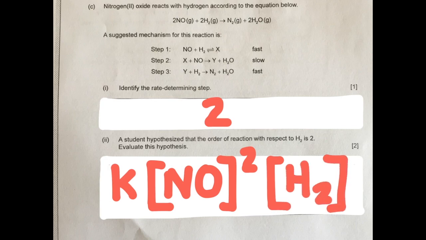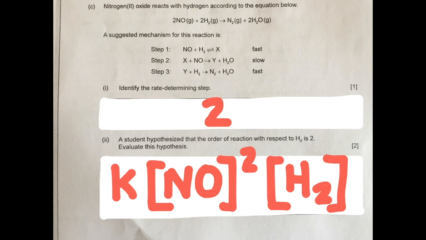So then the hypothesis as given by this student would be wrong, because the student is making the assumption that because there is a 2 here in the summary equation for the process, the rate expression could be derived from the summary equation.